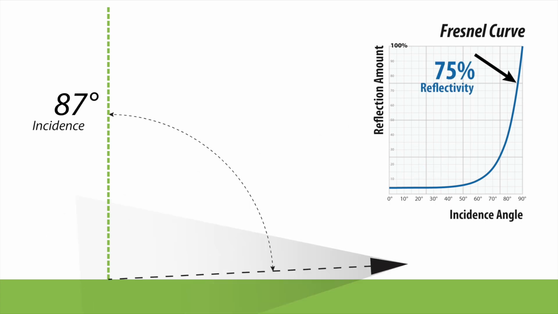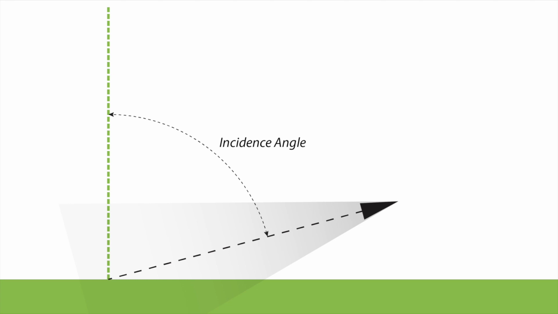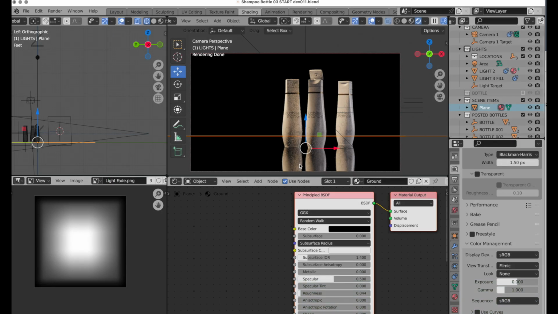So what is incidence angle? Incidence angle is the angle measured between the line of sight of a camera to a point that it intersects on that surface and a surface normal at that point. And when you measure the angle between those two, if that angle is relatively high, you'll have a high degree of reflectivity. So that's why we're having a high degree of reflectivity.